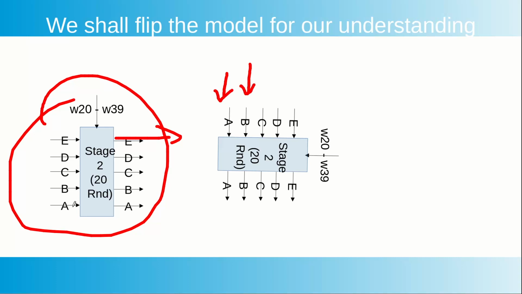So now you can check it out: this is A, this is A, this is E, this is E, and the same corresponding output. Simply I am making it more convenient for our understanding. So now this same round, the same stage, we will visualize in a top down pattern.